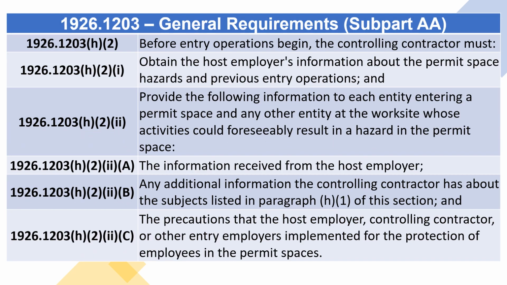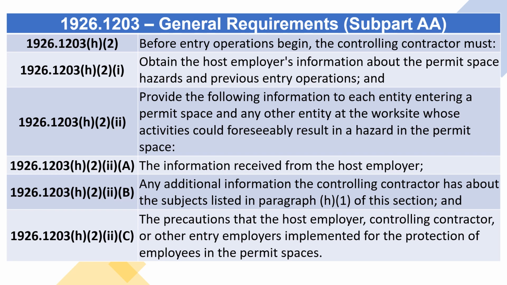1926.1203(h)(2). Before entry operations begin, the controlling contractor must: 1926.1203(h)(2)(i) through (ii). Obtain the host employer's information about the permit space hazards and previous entry operations, and provide the following information to each entity entering a permit space and any other entity at the worksite whose activities could foreseeably result in a hazard in the permit space. 1926.1203(h)(2)(ii)(A) through (C).